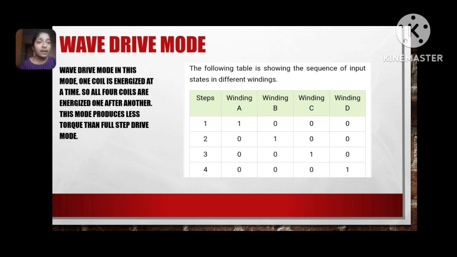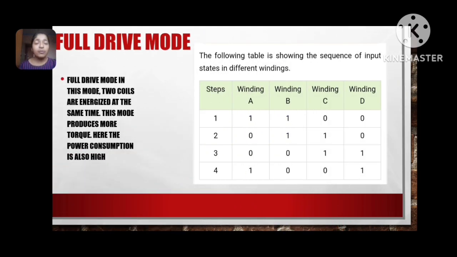Let's consider the coils as A, B, C, D. The sequence goes 1 0 0 0, then 0 1 0 0, then 0 0 1 0, then 0 0 0 1, sequentially. Only one is 1 and the remaining are all 0. This takes place in the wave drive.